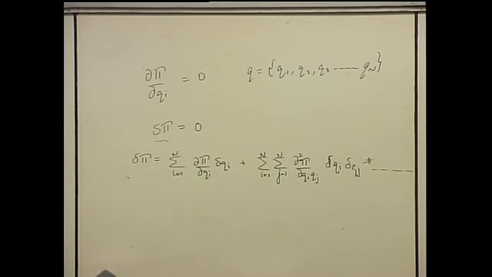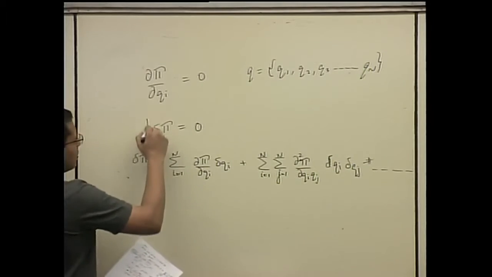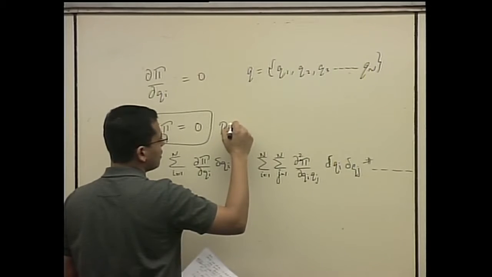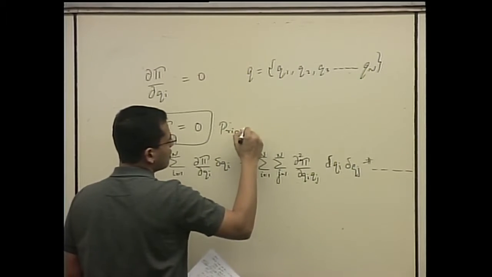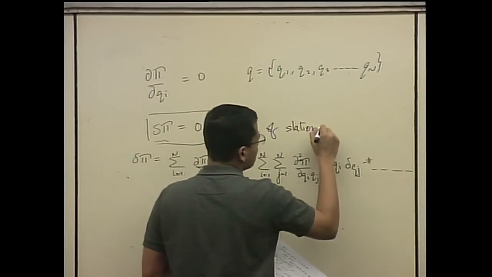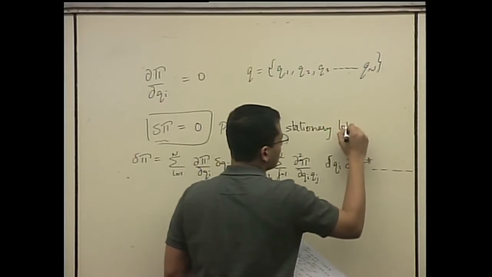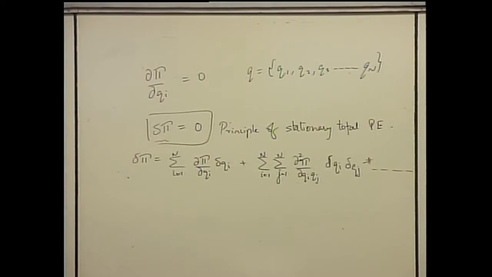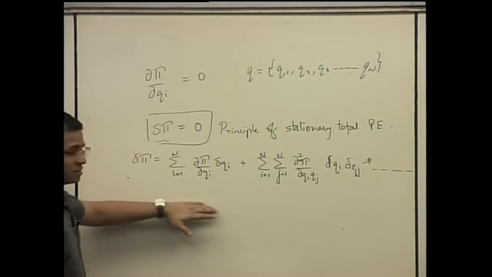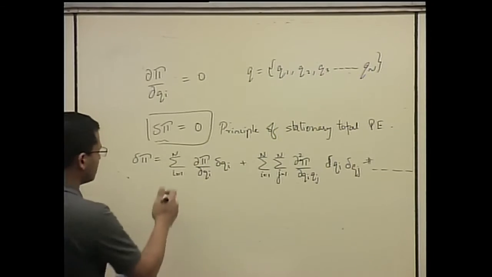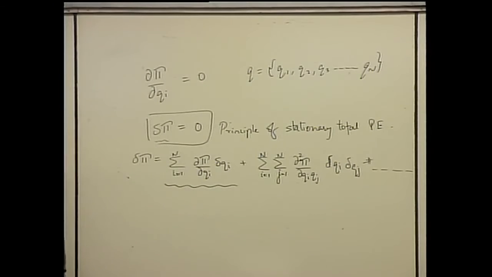Okay. So the principle of stationary total potential energy gives us this expression. And then we already know that this term is 0, right, from the principle of stationary total potential energy. So we are left with this term.